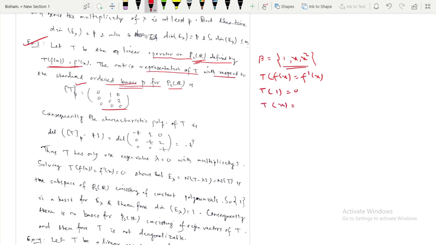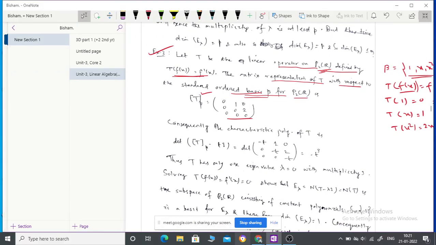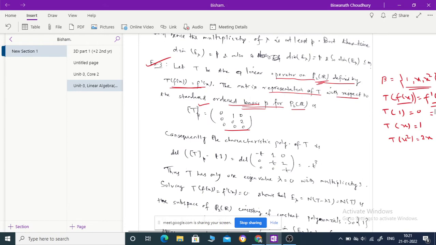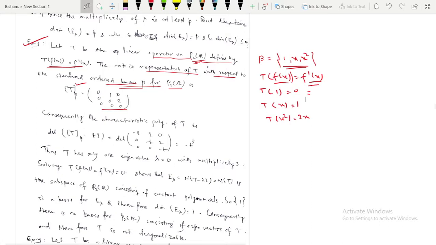Similarly, T of x is your 1, and T of x square, its derivative, T of f of x is f dash x, so T of x square will be your 2x. Now we will write T of 1, T of x, T of x square as a linear combination of its basis elements.